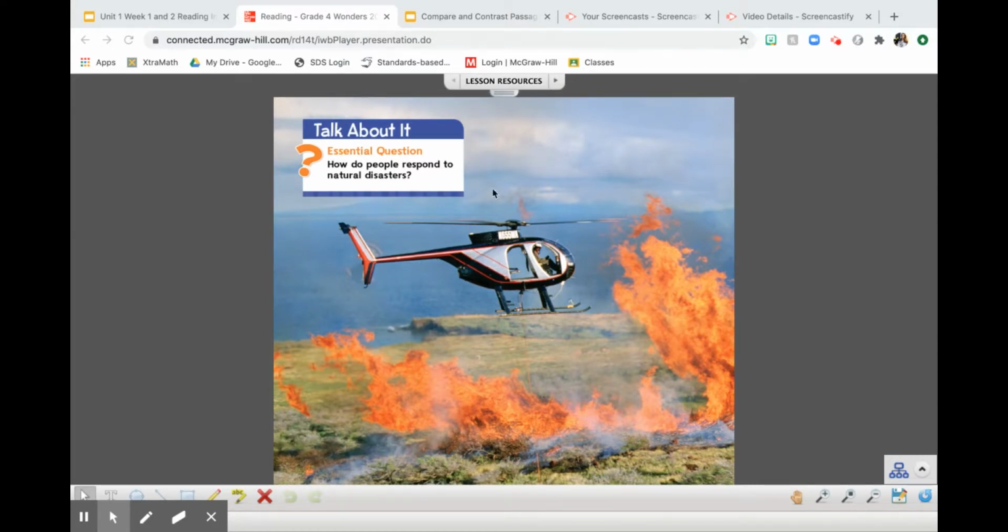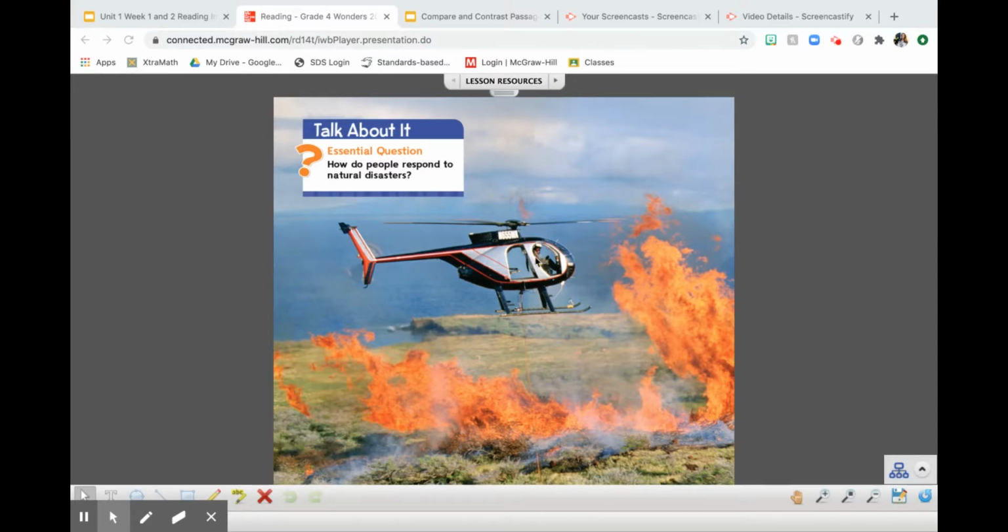So as you can see in this picture, it looks like there's a wildfire going on, which would classify as a natural disaster. So you can see here, people responding might be our first responders. So people like firefighters or EMTs who would drive ambulances, or police officers who would help to block off the area.